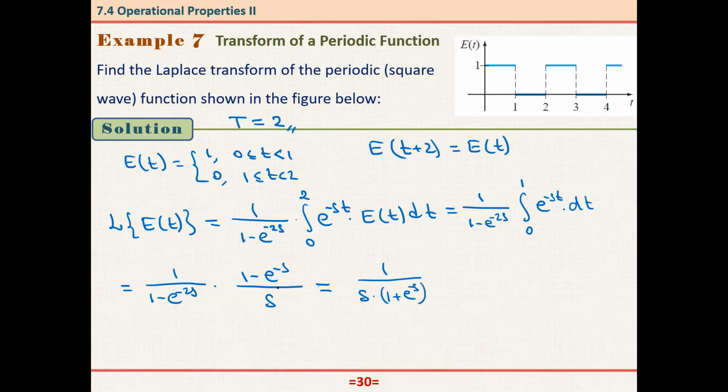Just multiply numerator and denominator by e to the power s; this is 1 minus something squared, here we have 1 minus a squared.